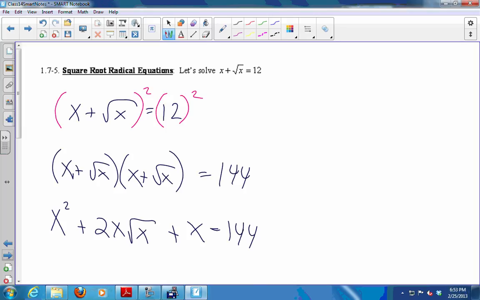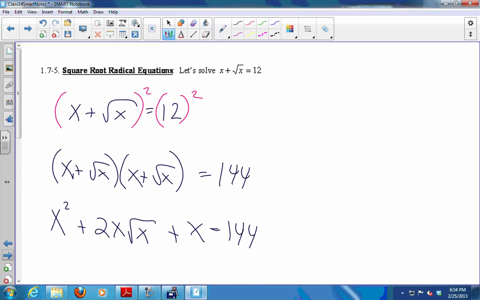So the idea behind squaring both sides was to get rid of the square root, right? But there's still a square root in there. So it was a good instinct. It didn't quite work out the way we had hoped it would.